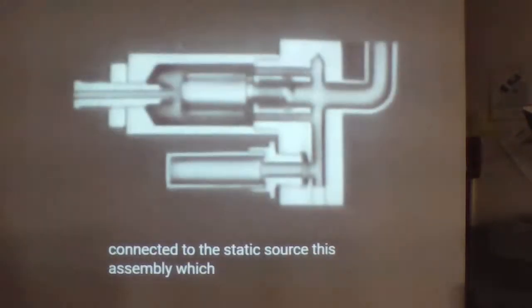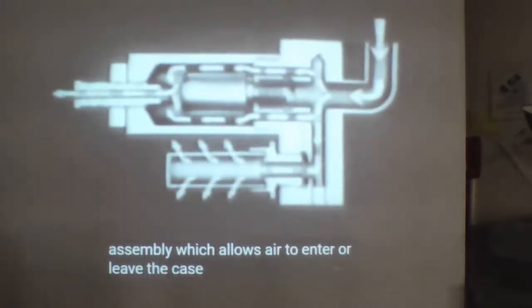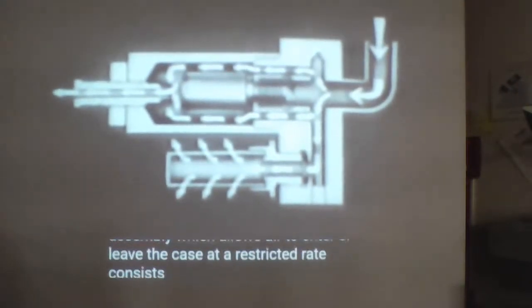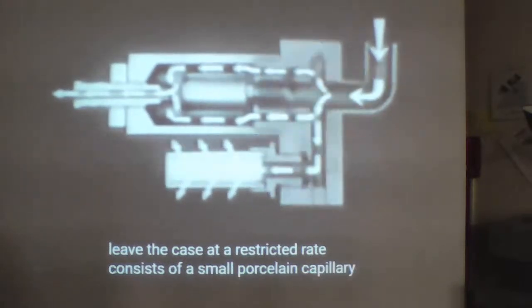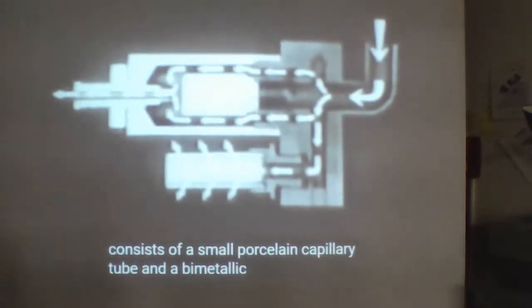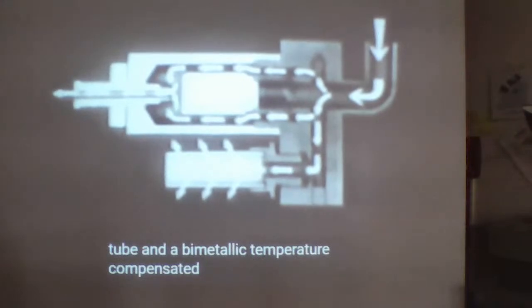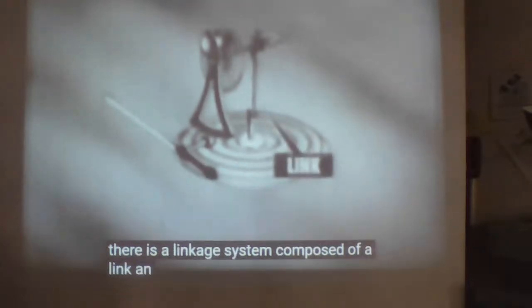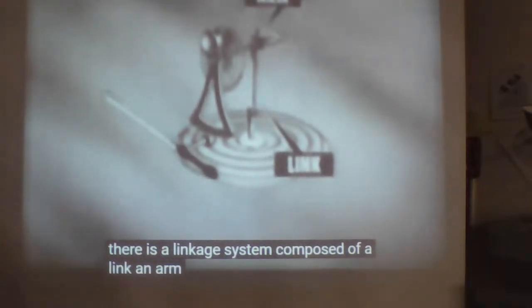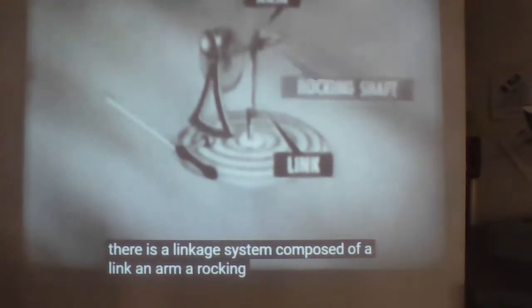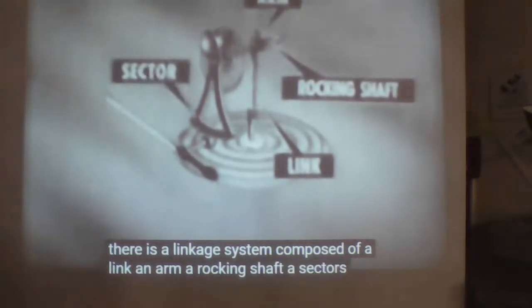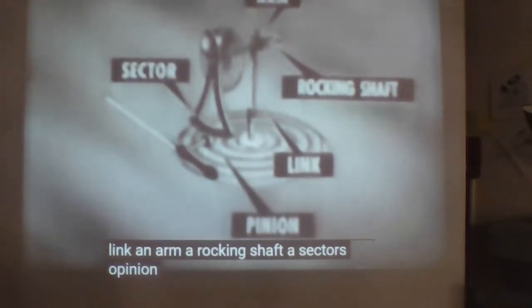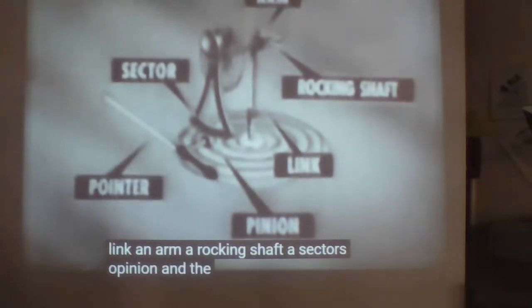This assembly, which allows air to enter or leave the case at a restricted rate, consists of a small porcelain capillary tube and a bimetallic temperature compensator. There is a linkage system composed of a link, an arm, a rocking shaft, a sector, a pinion, and a pointer.